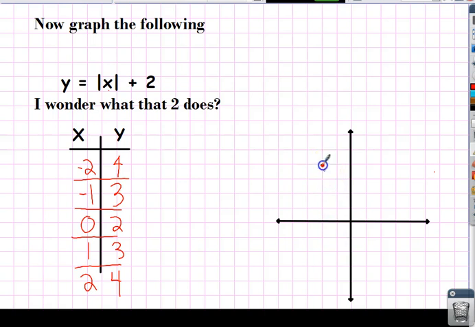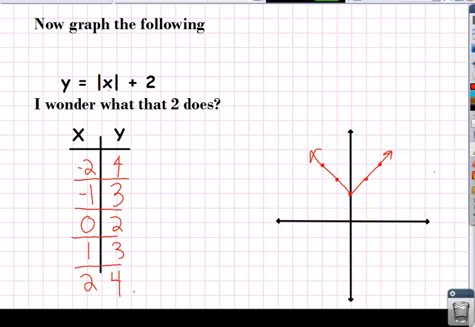As I plot these points, plotting my XY coordinates, I see there that my graph has moved from what it used to be. I still have that V shape, as I always will with absolute values. So the question is, what is this 2 doing to my graph?